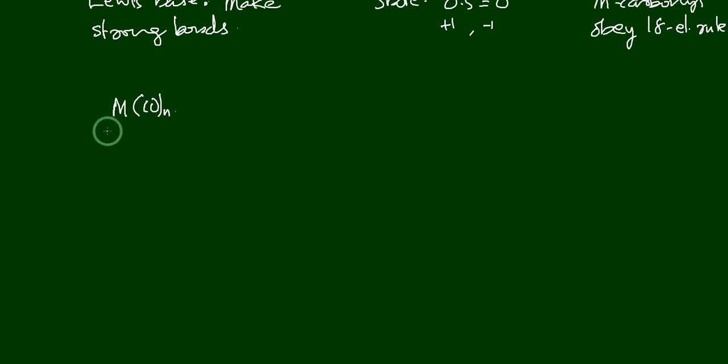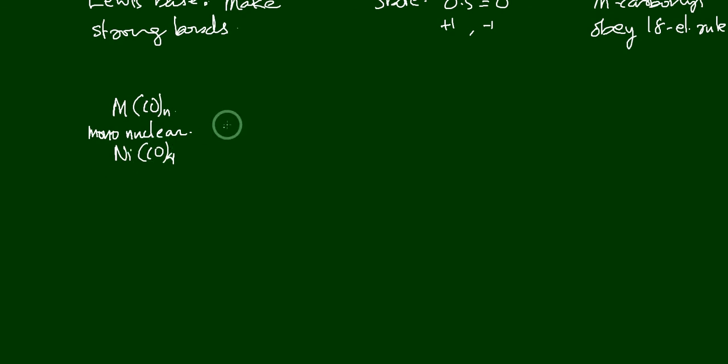Such metal carbonyls are called mononuclear metal carbonyls. For example, Ni(CO)4 is a mononuclear metal carbonyl, because there is only one metal center in this complex.